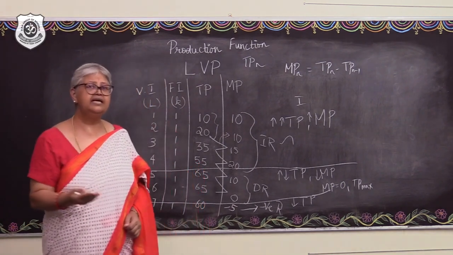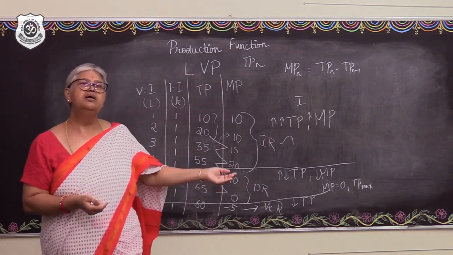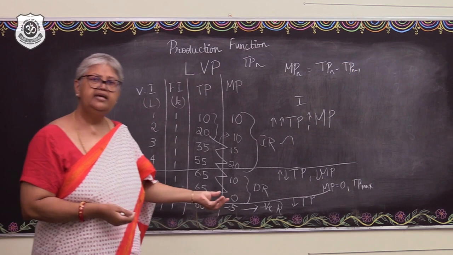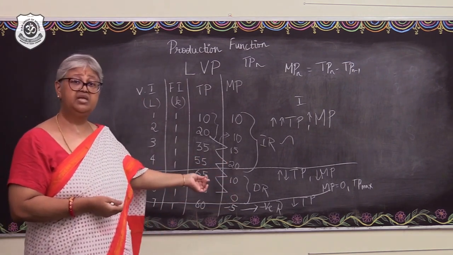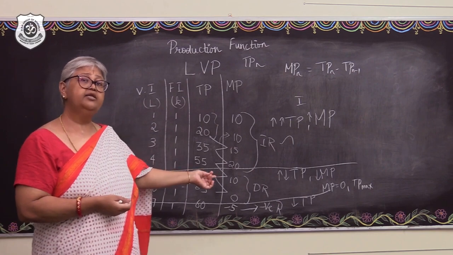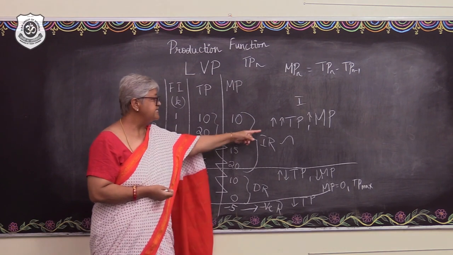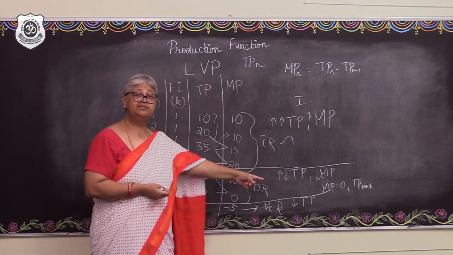Right? After that, the MP will continue to fall and it will go on to the negative quadrant, indicating that the total product has started falling for the first time. Till then, the total product keeps increasing. Look at this, it increases at an increasing rate, and then it increases at a decreasing rate, and then it attains maximum.